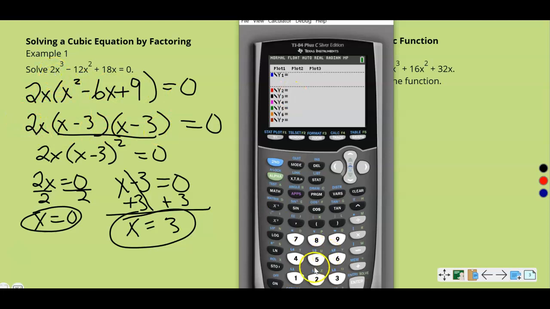But we can just quickly graph 2x cubed minus 12x squared plus 18x. I'm going to hit graph. Okay, this is in standard form here. This is what we started with. Let's hit zoom 6.